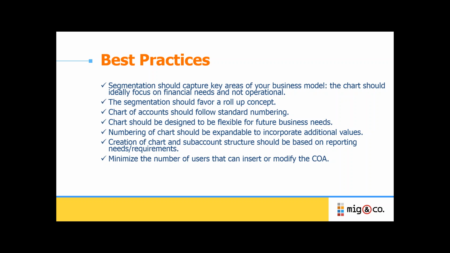Chart of accounts should follow standard numbering systems. Example 1, start with the assets. That's what I talked about before. The chart of accounts should be designed to be flexible, to make sure that you have areas in your chart of accounts for potential future segments or potential future groupings.